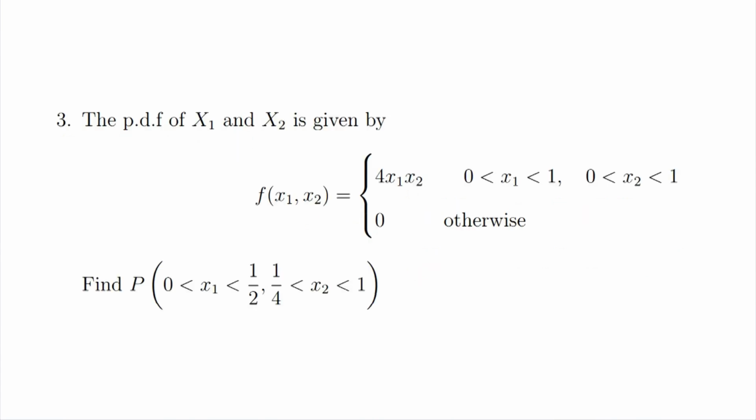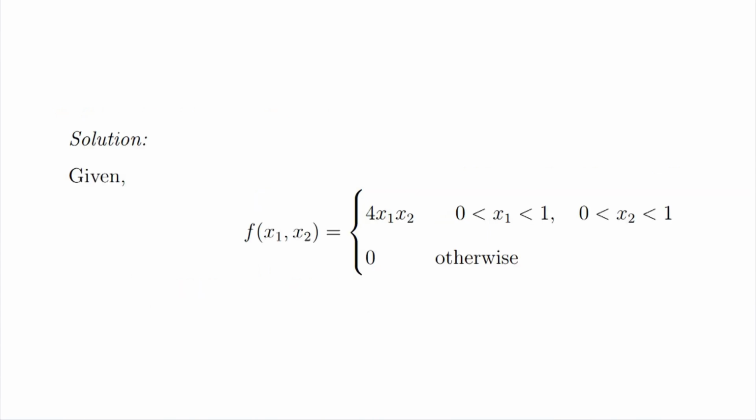The joint PDF of x1 and x2 is given by f(x1, x2) = 4 x1 x2 in the range 0 < x1 < 1 and 0 < x2 < 1 and 0 otherwise. Find the probability of 0 < x1 < 1/2, 1/4 < x2 < 1.